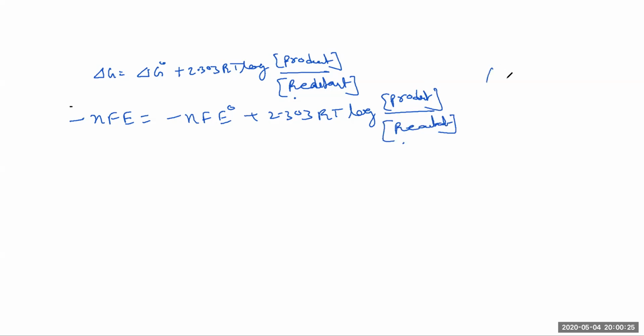Why I'm writing this is since we know that delta G is equal to minus NFE. So now take NF common, otherwise on both sides divide with NF.